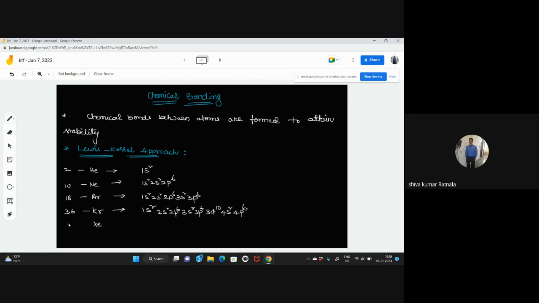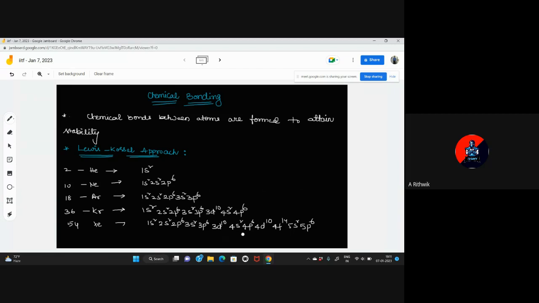Xenon, atomic number 54. The configuration will be 1s2, 2s2, 2p6, 3s2, 3p6, 3d10, 4s2, 4p6, 4d10, 5s2, 5p6.